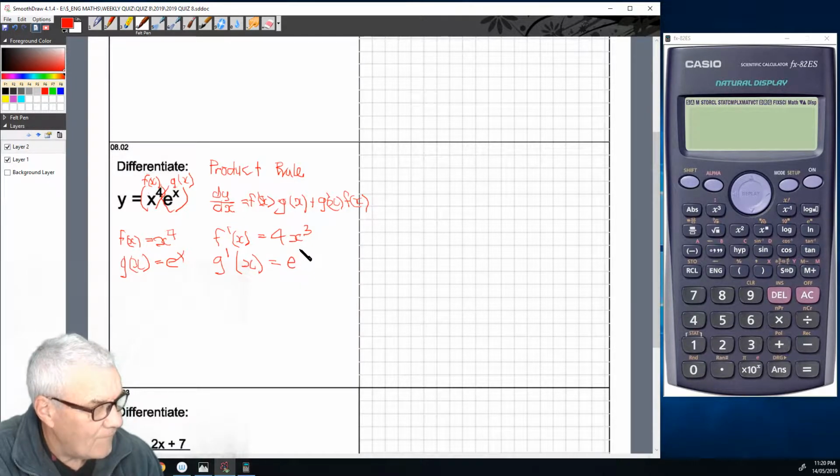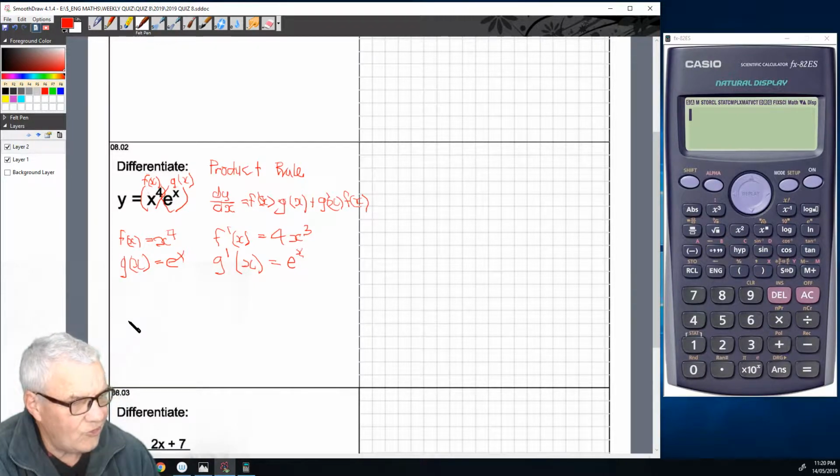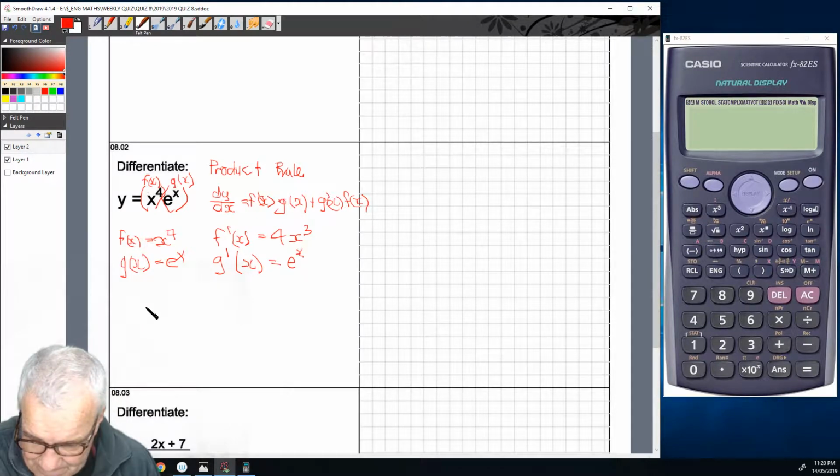Unchanged. It just doesn't change. The differential is the same as the value.